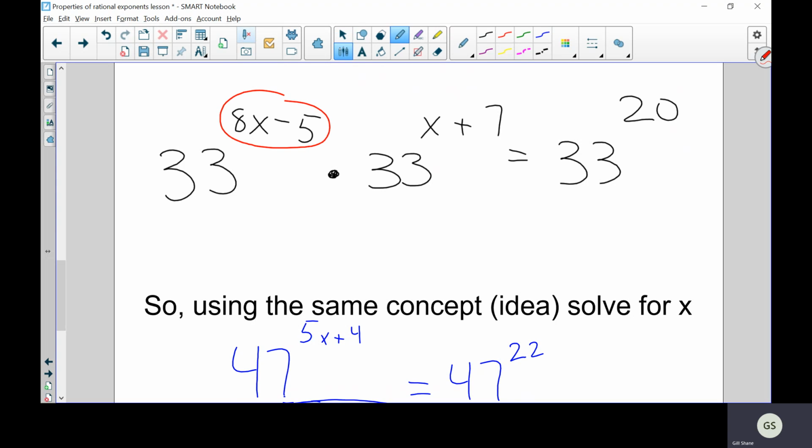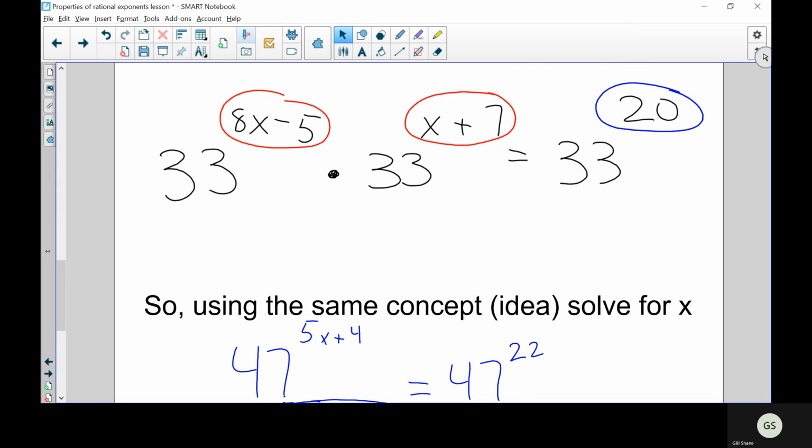So those are the exponents in the problem, which we will use to get the exponent in the answer. So it's a multiplication problem, same base, which means we add the exponents. So that's one exponent.